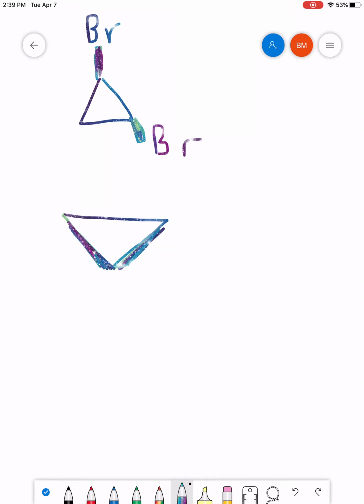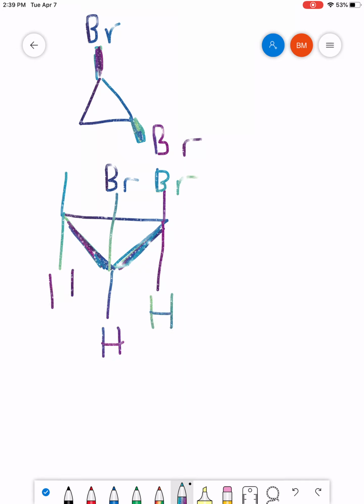All right, we draw our 6 bonds. We know we have 2 Br's. We know they're on consecutive carbons, and we know that they're on the same side of the ring. So this would be one particular representation. And then everything else would be filled in with H's. Okay?